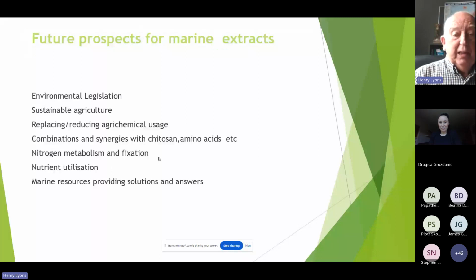Future environmental legislation has been mentioned already. Reduction in nutrients of all descriptions, sustainable agriculture. Now, very important, nitrogen metabolism and nutrient utilization. It has been shown that you can use 25% less nitrogen without any losses.